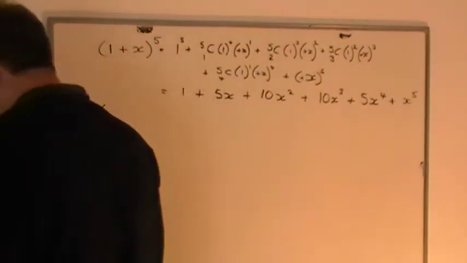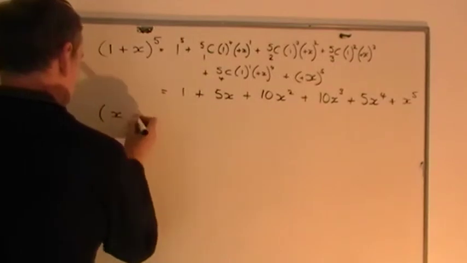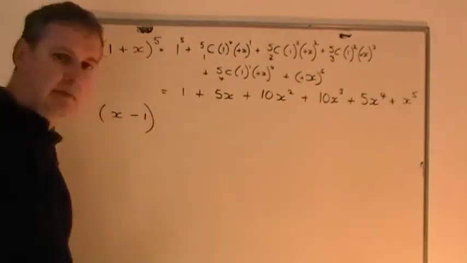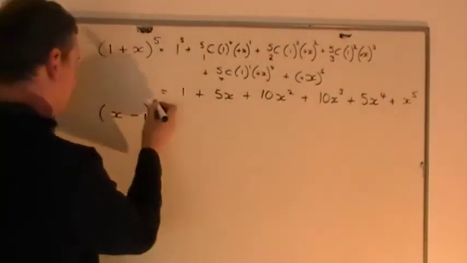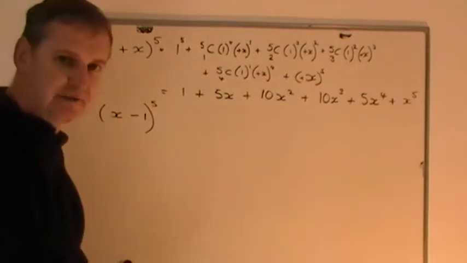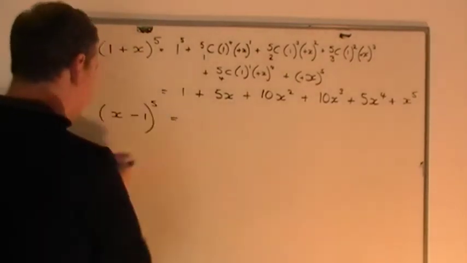The next one I'm going to go back to x coming first, but I'm going to make the second term a minus 1. And let's see what happens when we have something like x minus 1 to the power 5. Let's expand that.